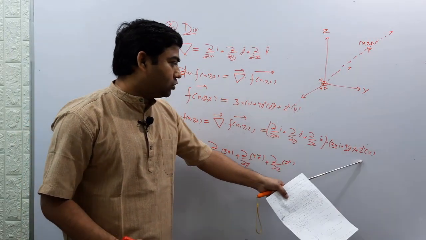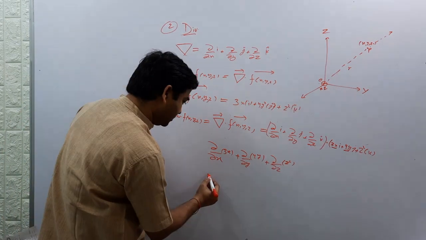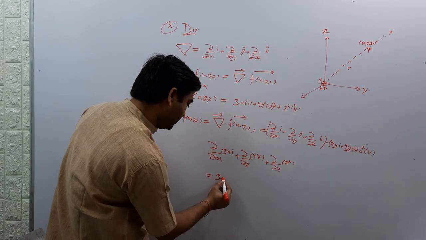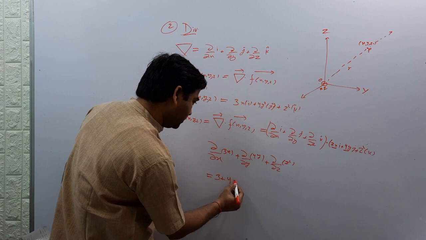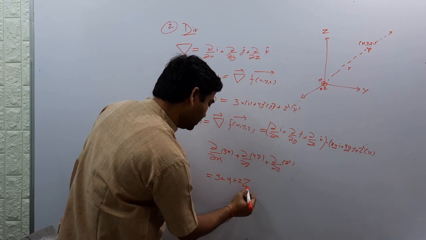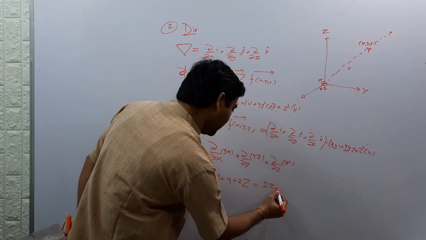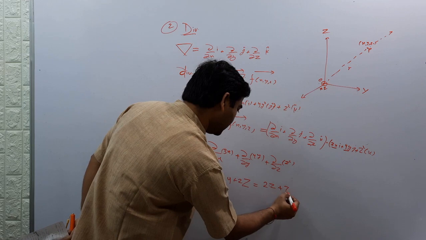When we find the dot product, this has been converted into a scalar function. Now this is 3 plus 4 plus 2z, equal to 2z plus 7.